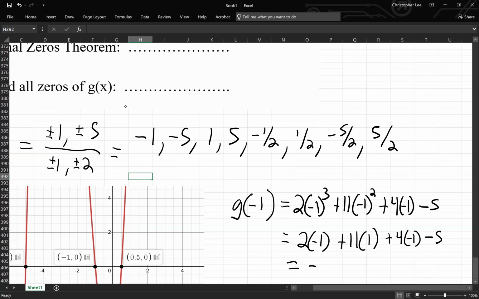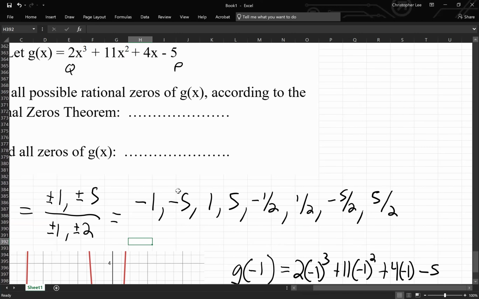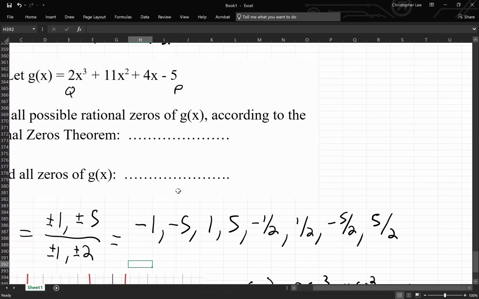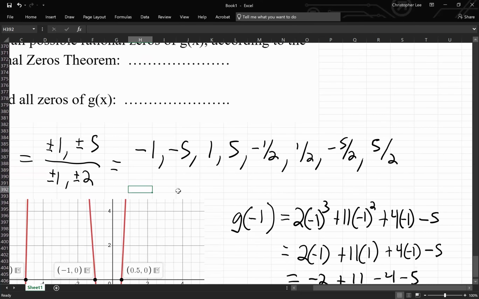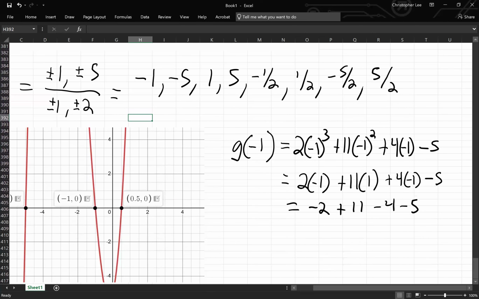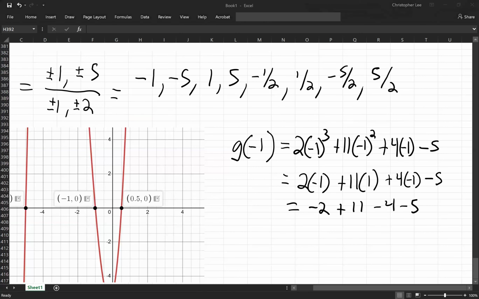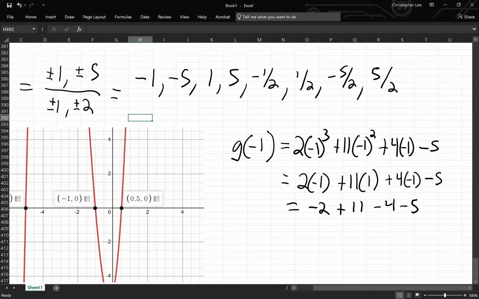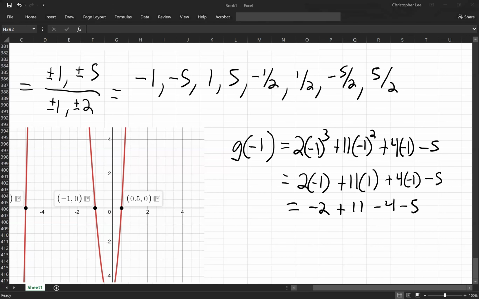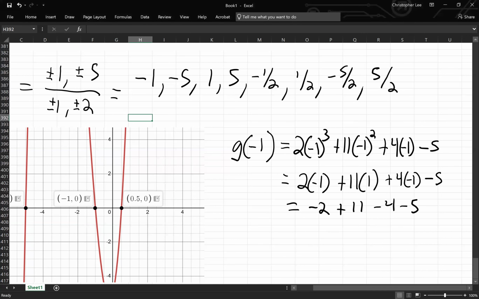Let's do the math on this. This is -2 plus 11 minus 4 minus 5. Okay. Let me just make sure that I actually typed that in right. Okay.